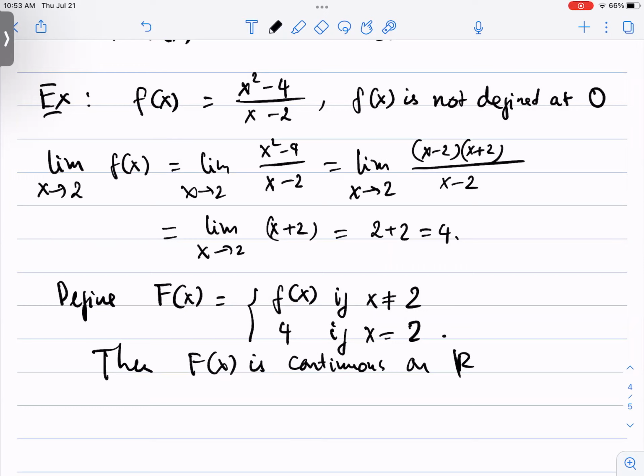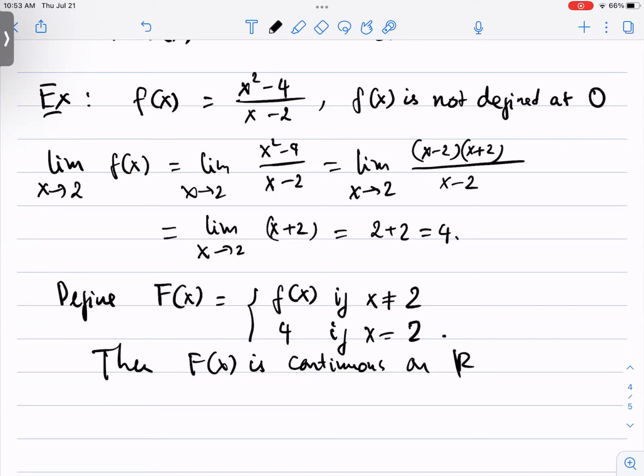And as we observed in chapter 4, we can simplify the algebraic expression here so that the denominator is cancelled out with a factor in the numerator. That's why the limit here equals the limit when x approaching 2 of the function x plus 2, which equals 2 plus 2 equals 4 by a theorem in chapter 4.